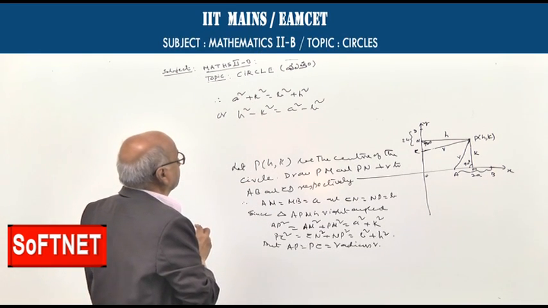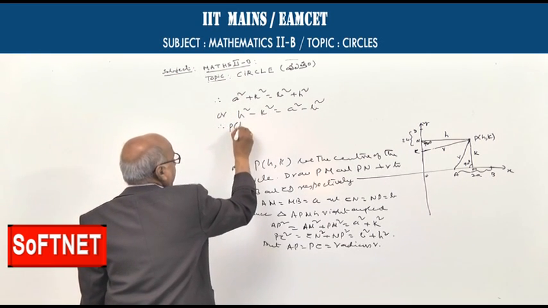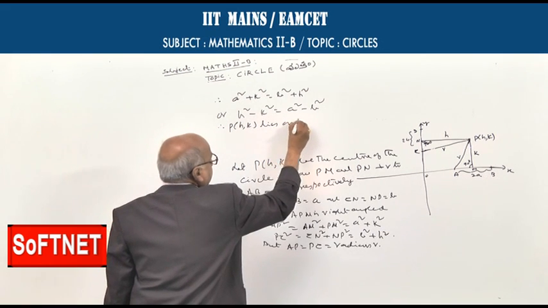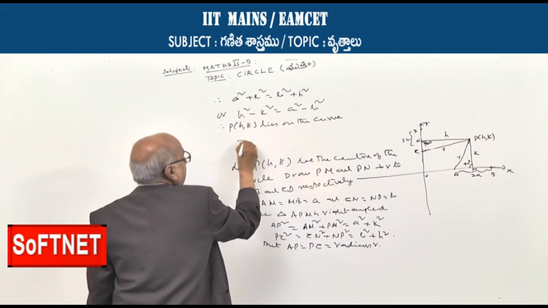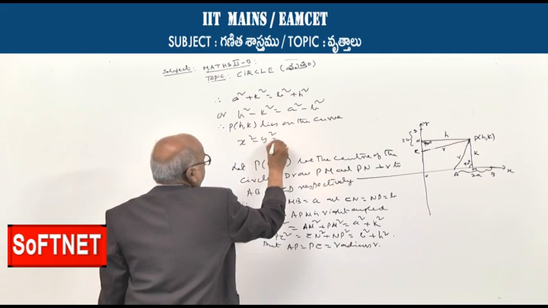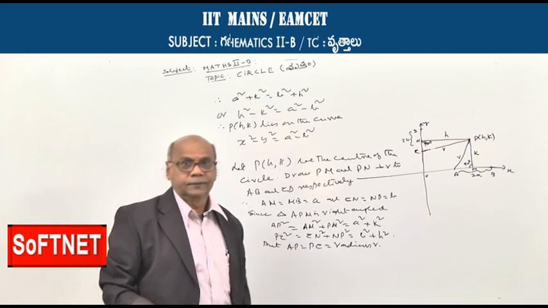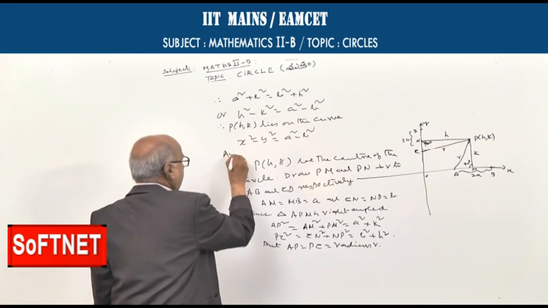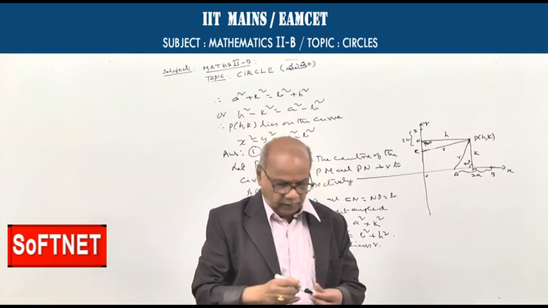So therefore, P(h, k) lies on the curve x square minus y square is equal to a square minus b square. So the answer is option 1.